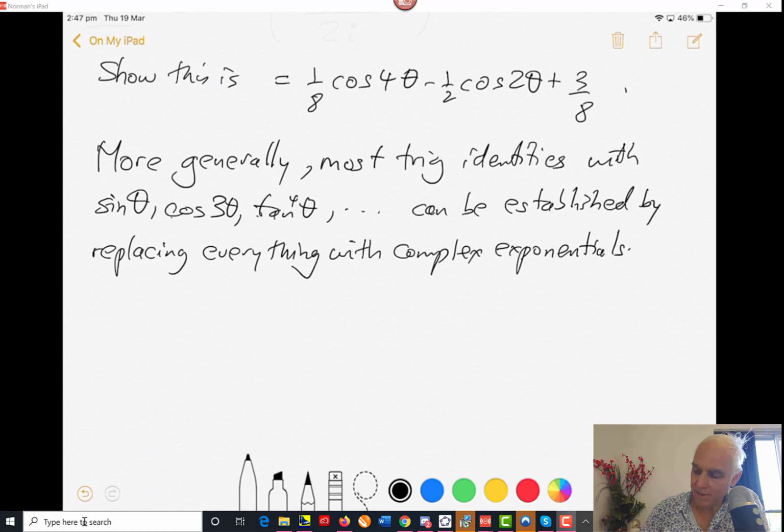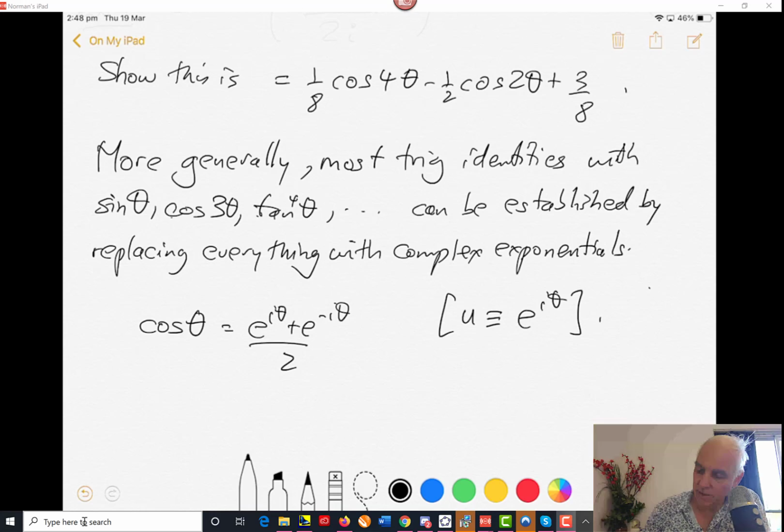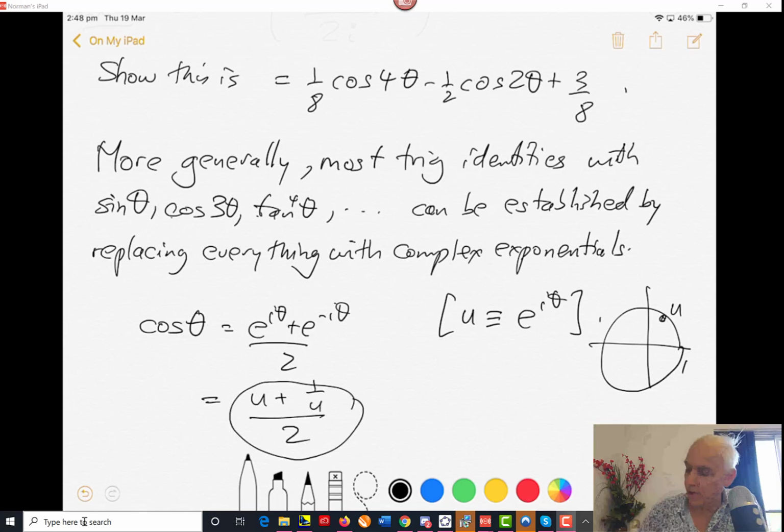So let's say you have cos theta, just to start, e to the i theta plus e to the minus i theta all over 2. So one way of proceeding was to say, let's let u be e to the i theta. It's a complex number, typically, on our unit circle, somewhere there. And then we can write this thing as u plus 1 over u all over 2.